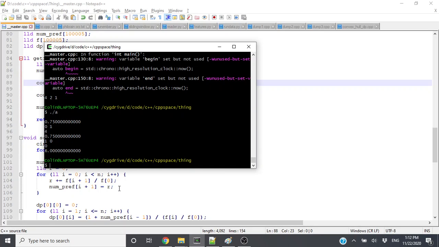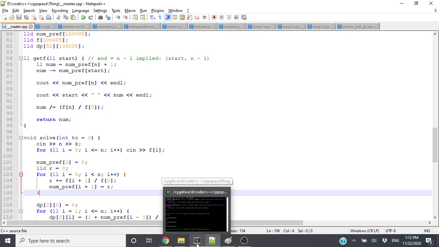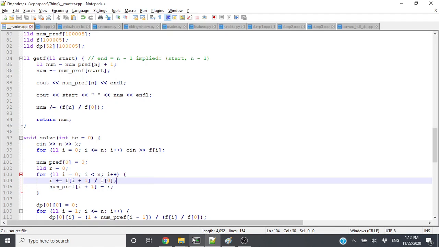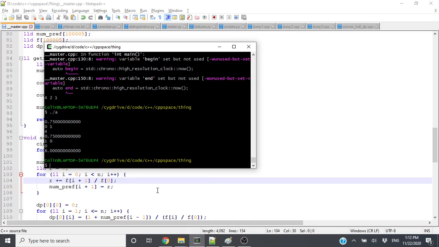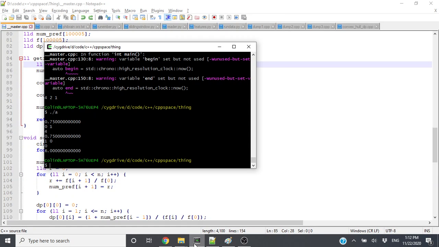It's 0.75. Multiplied by 4 is 3, which doesn't make any sense at all. 1.75. Let me subtract out the start. What is going on?